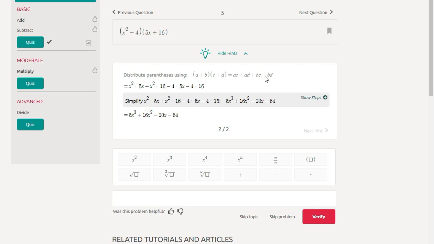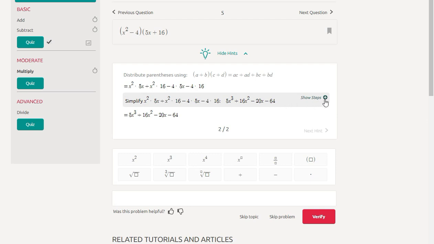It's just a common guideline for how the multiplication is done and what we get without numbers. With numbers, we multiply accordingly like this. We go from x squared multiplied by 5x, x squared with 16, negative 4 with 5x, and negative 4 with 16 over here.